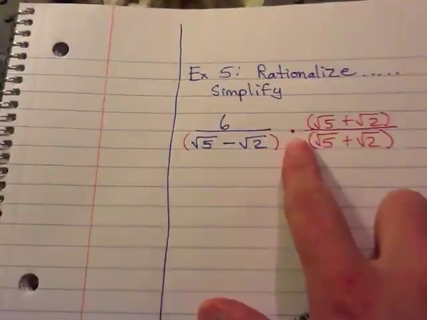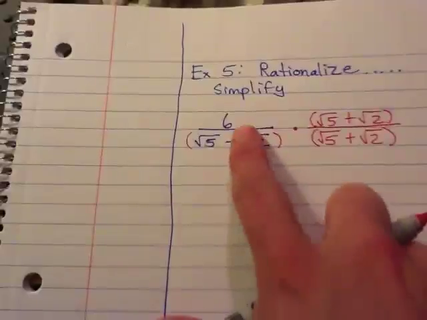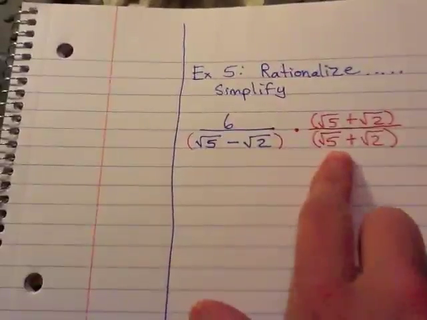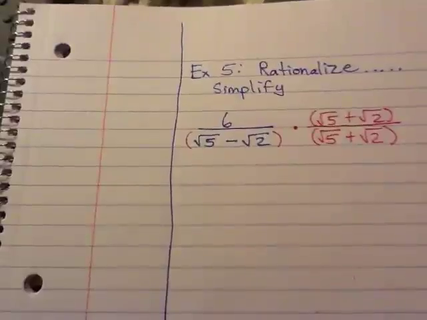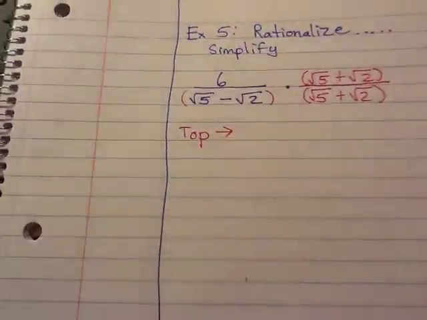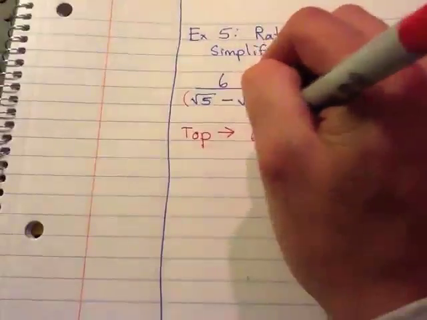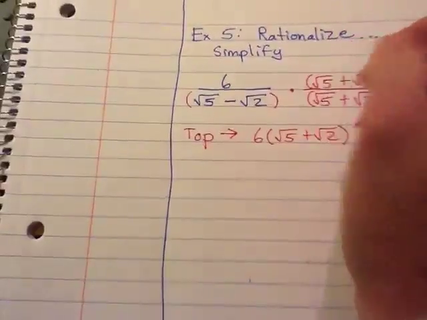Now, what I recommend you do is you just look at the top individually and the bottom individually. The numerator first, denominator second, then you combine the two at the end. So, numerator, or I'm just going to say top to make it easy so you don't have to think about which one's which, is 6 times the square root of 5 plus the square root of 2.